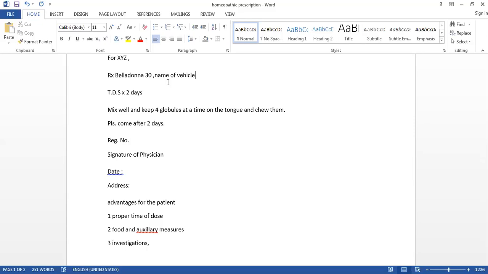Belladonna mother tincture for the gargling, and the Belladonna potency, or instead of Belladonna you can write down Phytolacca, you can take Merc sol or anything you want, Hepar sulph also you can take. So take one medicine in the form of potency and in the form of gargling because he is having tonsillitis. So internal use also you have to give, and for gargling you can give it there.